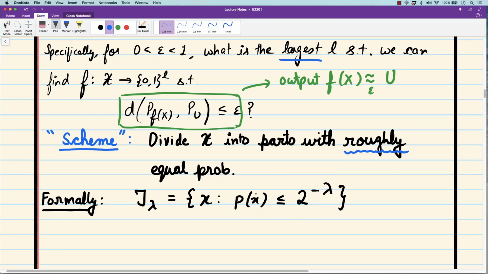As a convention, instead of writing it this way, we will write it in a different form: log to the base 2 of 1 by p of x is greater than or equal to lambda. So these are elements which have sufficient entropy in them. This is just an informal use of the word entropy. Sufficient randomness in them, sufficiently rare elements. So the sufficiently rare elements are what contribute to randomness.